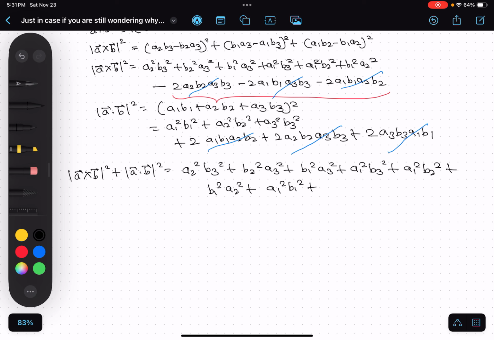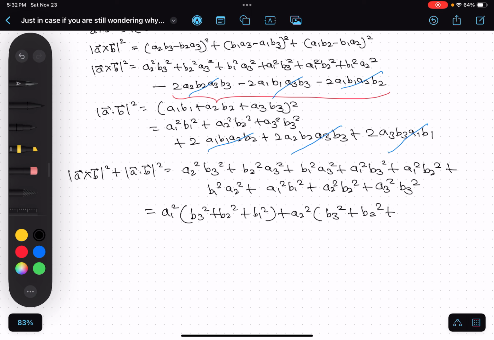Now from the dot product we have a1 squared b1 squared plus a2 squared b2 squared plus a3 squared b3 squared. Now if I take a1 squared common, I will get b3 squared plus b2 squared plus b1 squared. Again, if I take a2 squared common, I will get b3 squared plus b2 squared plus... wow, I think there is some mistake.